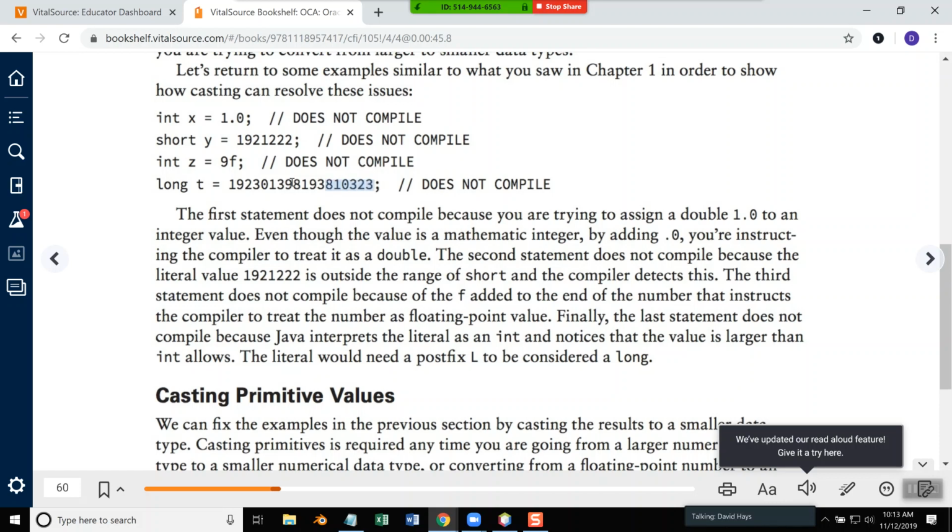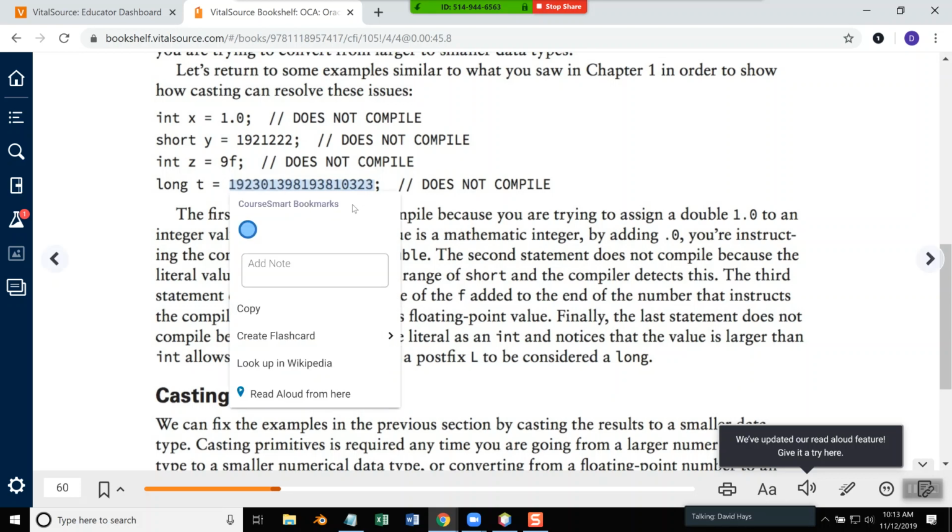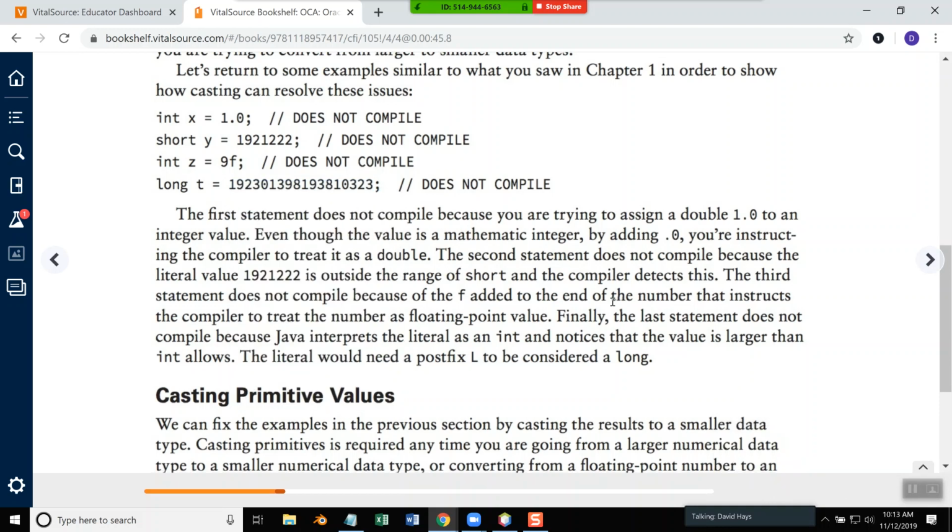So Java isn't smart enough to recognize that it could be a long. It automatically assumes since it's a number with no decimals, it's an integer, is what they're saying. And you have to put that capital L on the end to get it to work.